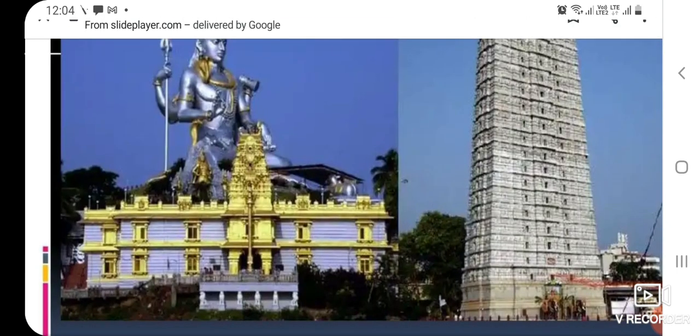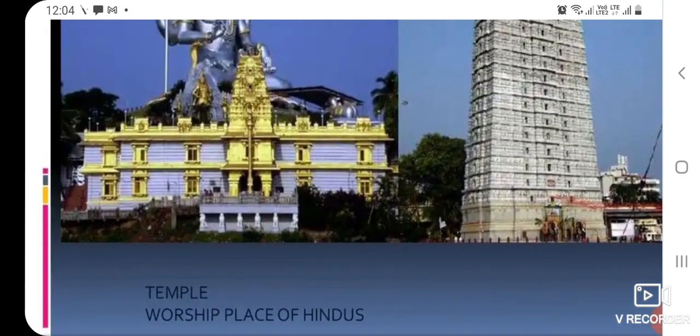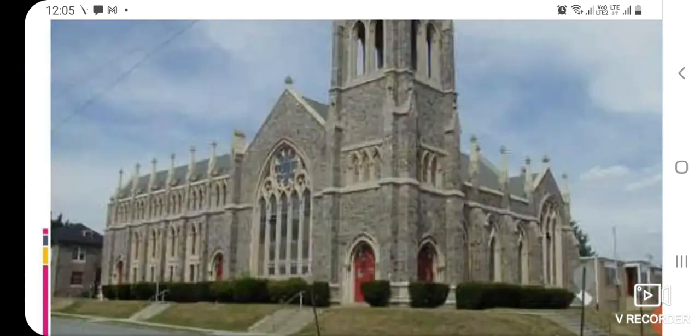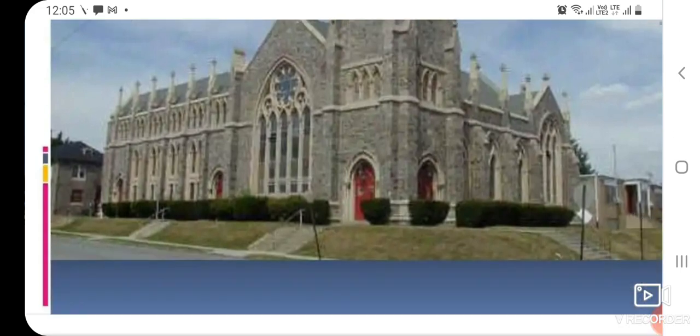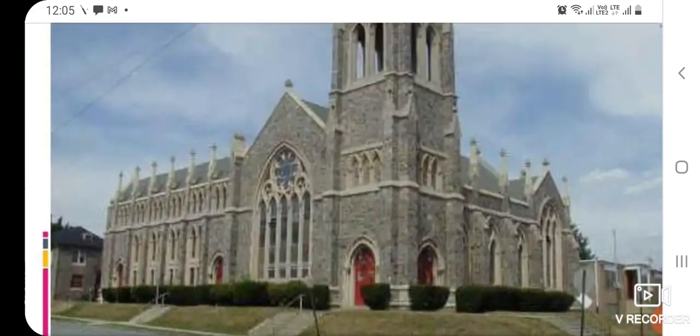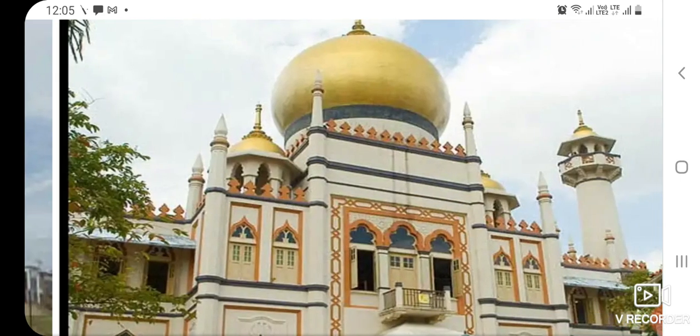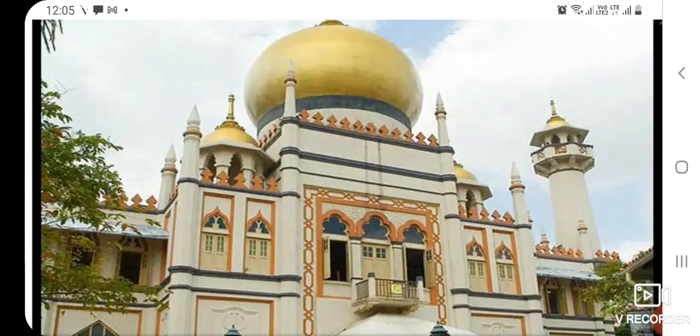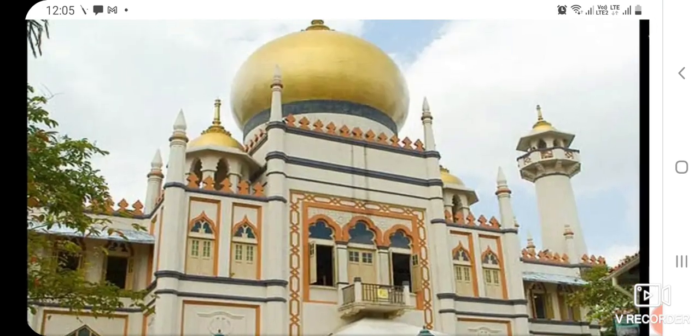And this is the temple, worship place of Hindus. Can you identify this? Yes, it is church, worship place of Christians. And this is mosque, worship place of the Muslims.